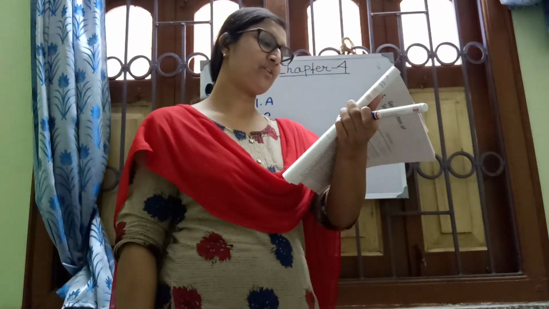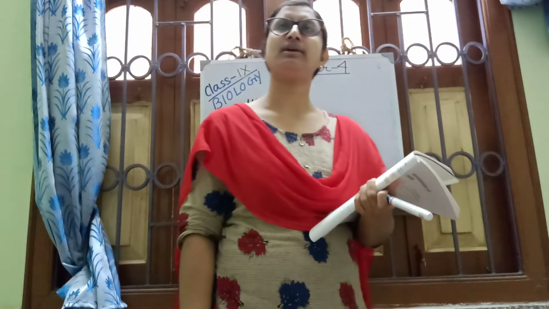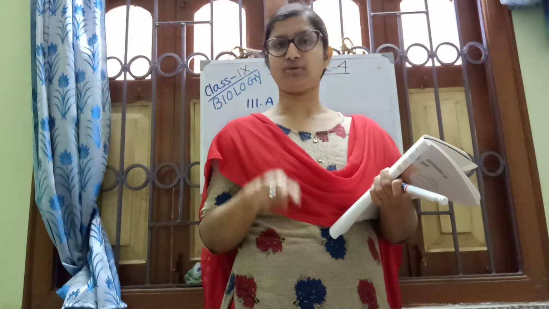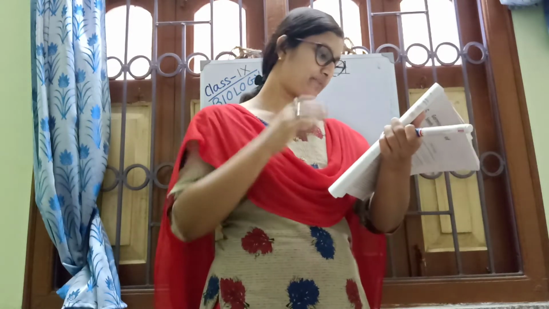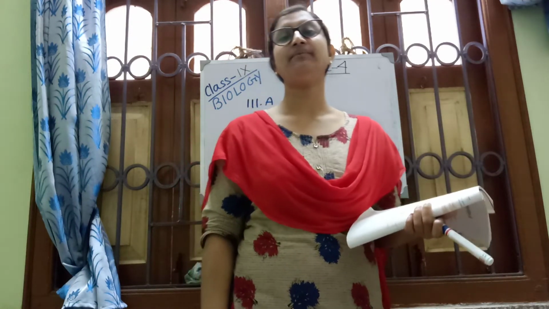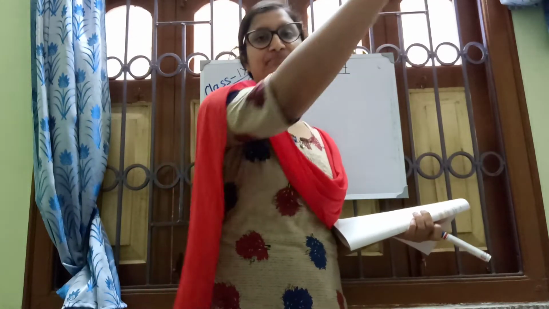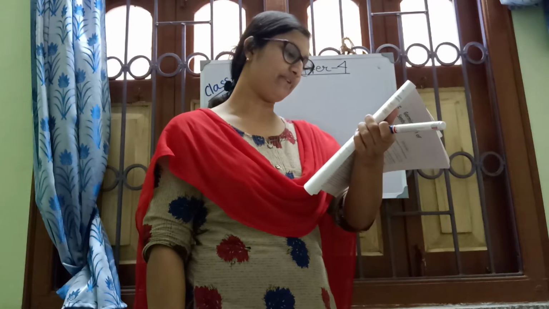Smooth and light pollen helps wind pollination and also water pollination. Long and feathery stigma: wind pollinated flowers have a long and feathery stigma that can easily receive the pollen grains. These are all the advantages.